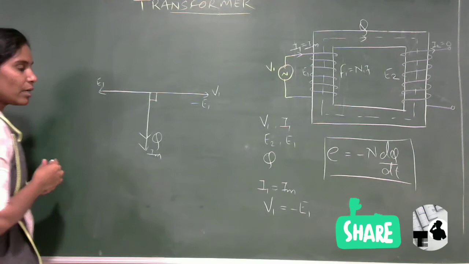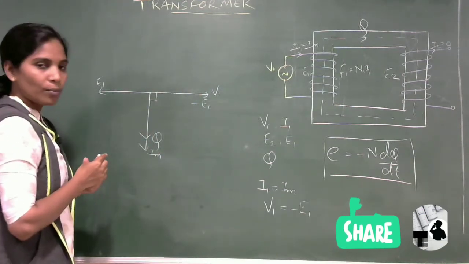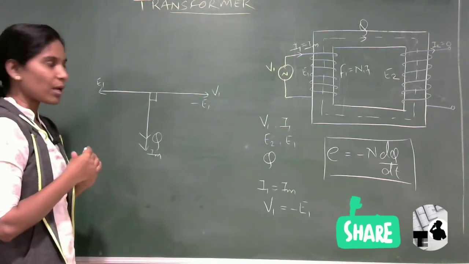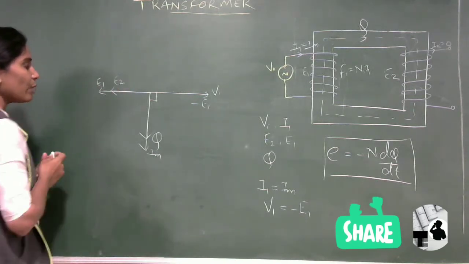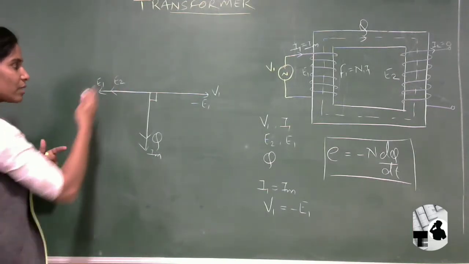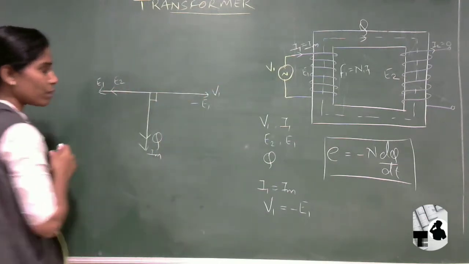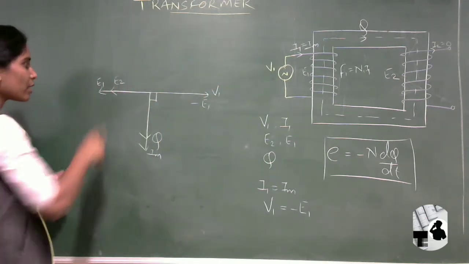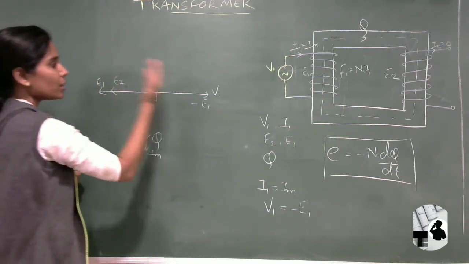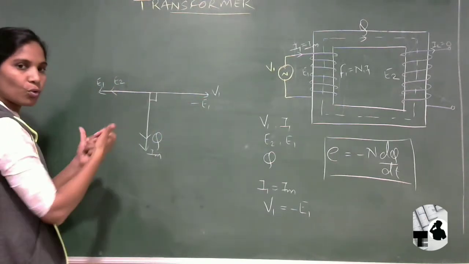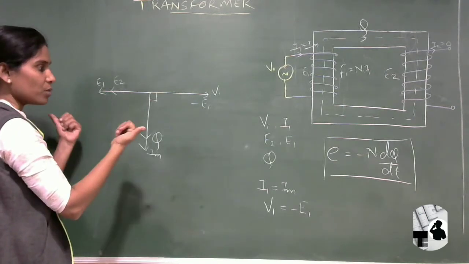Similarly, we know that E2 also opposes the supply voltage V1. So here again the phasor line for E2 will be in the same phase with E1, or we can say in phase opposition to the supply voltage V1. So E1 and E2 are both induced EMF and both are opposing the supply voltage V1. Both are going in opposite phase, that means opposite, right?